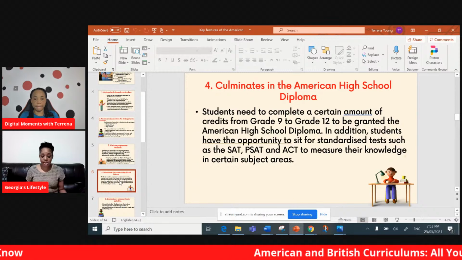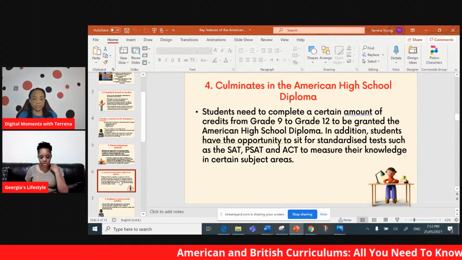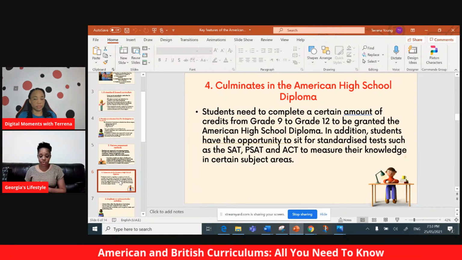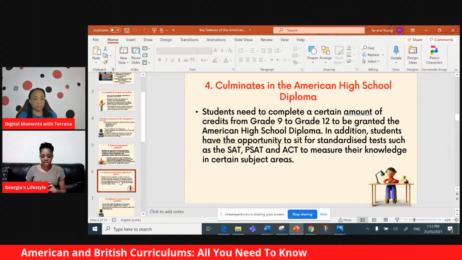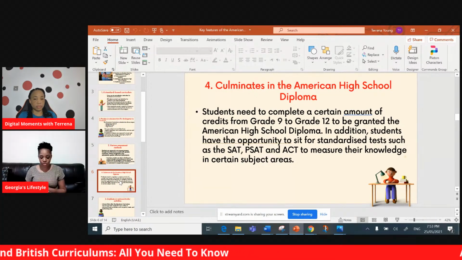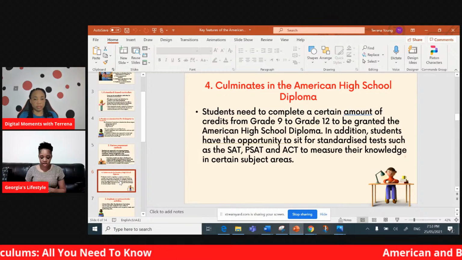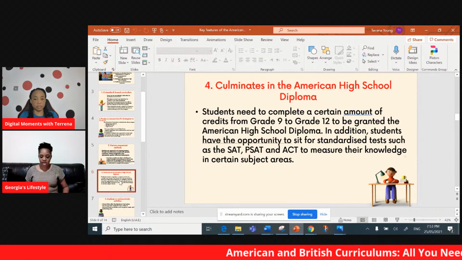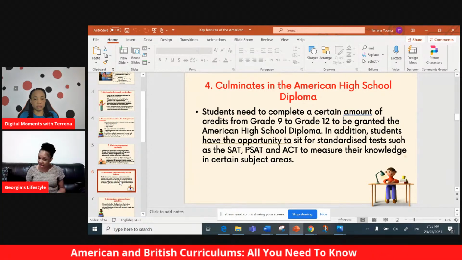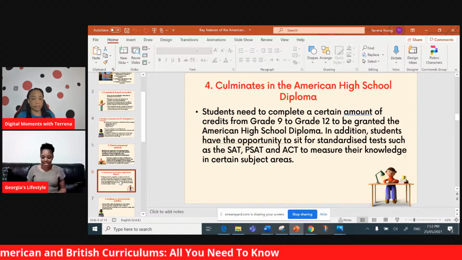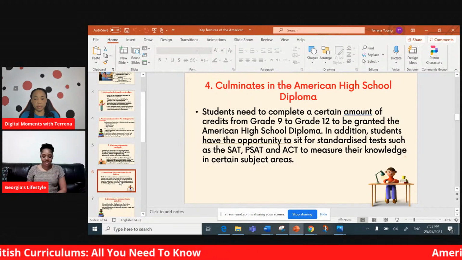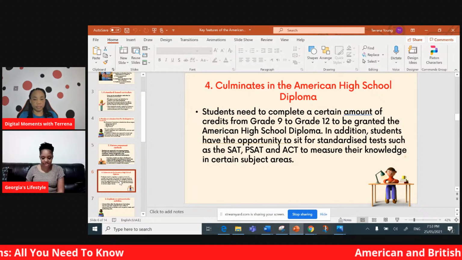Students need to complete a certain amount of credit from grade 9 to grade 12 to be granted the American high school diploma. In addition, students have the opportunity to sit for standardized tests such as the SAT, PSAT, and ACT to measure their knowledge in certain subject areas.